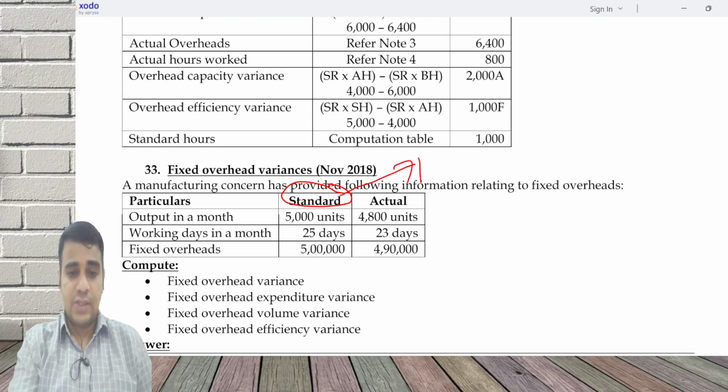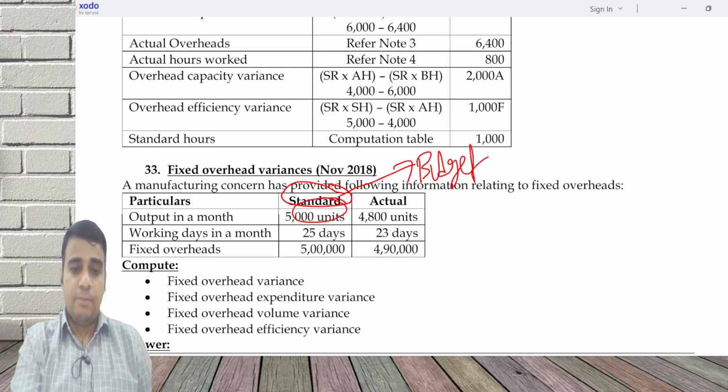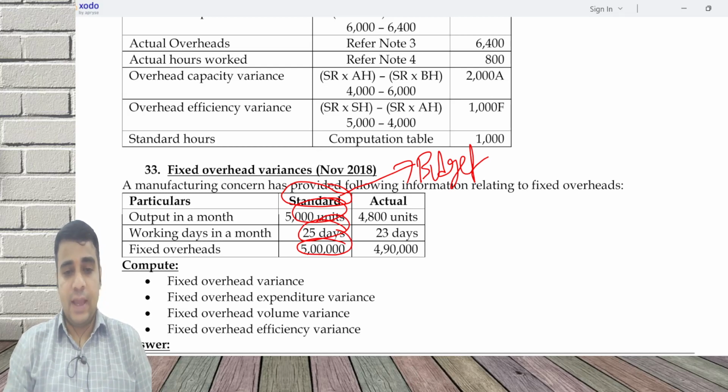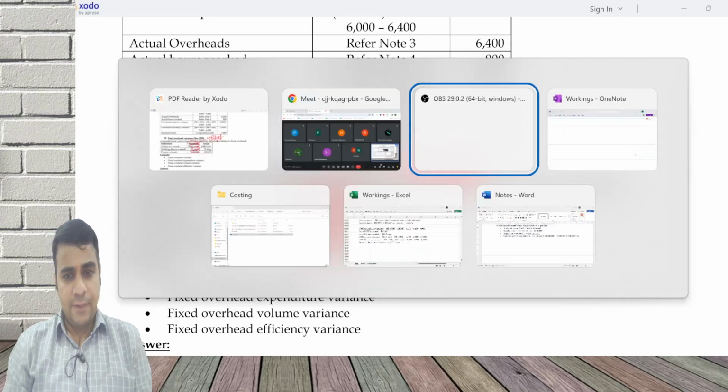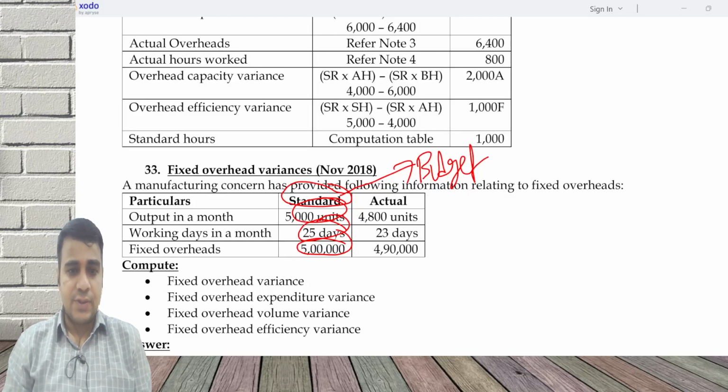So this is budgeted output, budgeted working days, budgeted fixed overheads. It is not to be interpreted as standard. Whatever information is given in the question refers to budget.